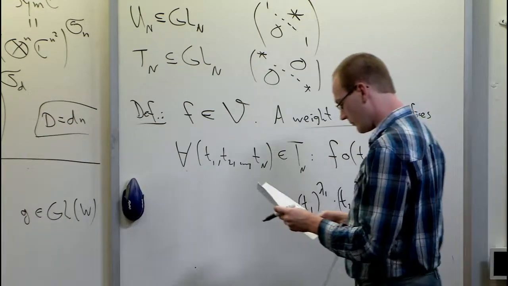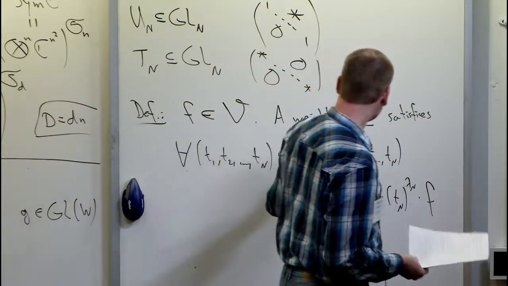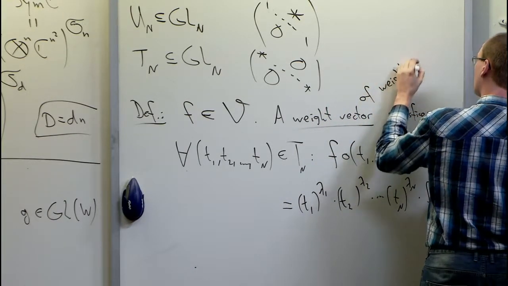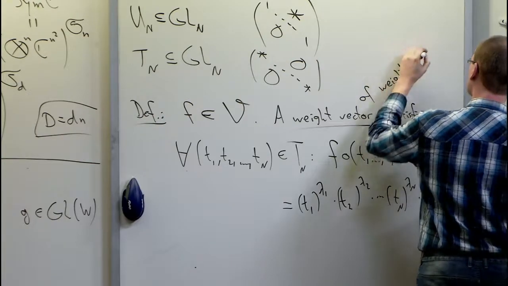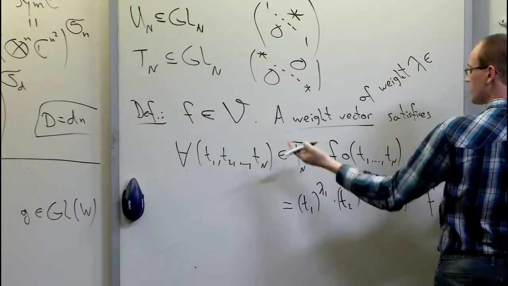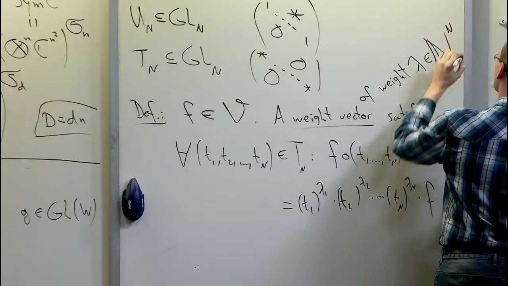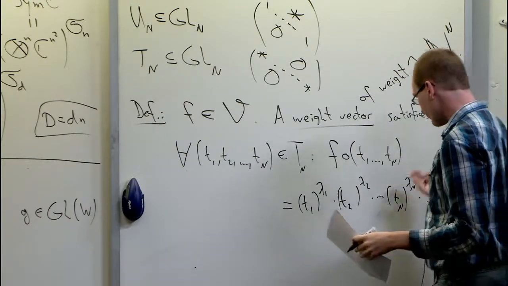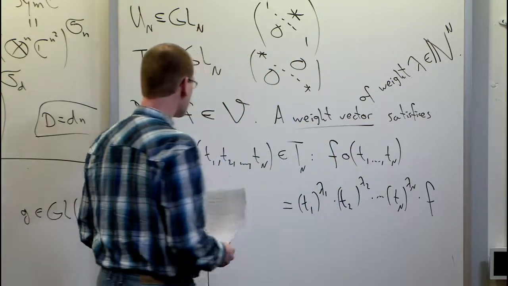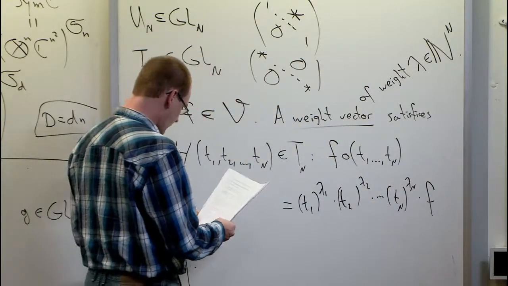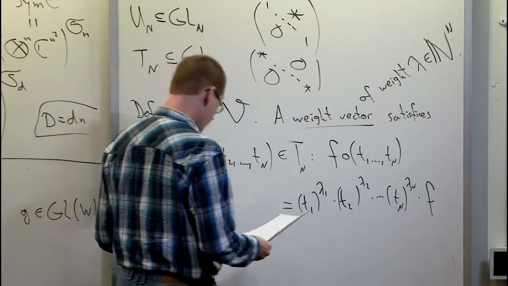That's a weight vector of weight lambda. And lambda is actually, if this is a polynomial representation, then those are natural numbers. So it's a set of natural numbers, and those give us our scaling. That's a weight vector. And now a highest weight vector.